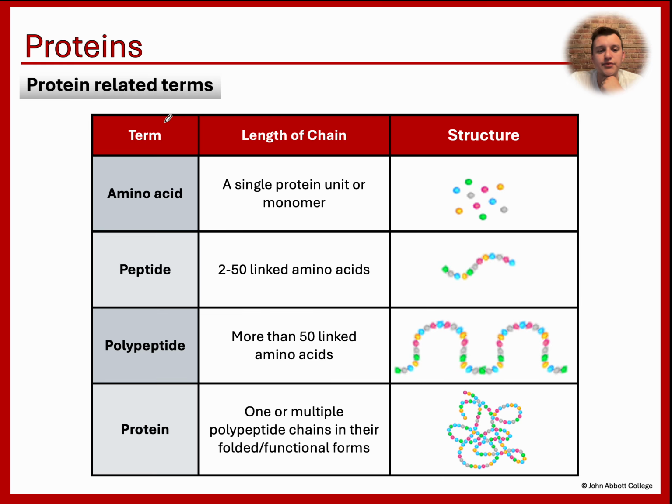Protein-related terms we should be okay with: amino acids are a single protein unit or monomer. Do you see these little dots? These are all amino acids that are separate. We link them together to form little peptides. This is 2 to 50 linked amino acids. More than 50 linked amino acids are called polypeptides.